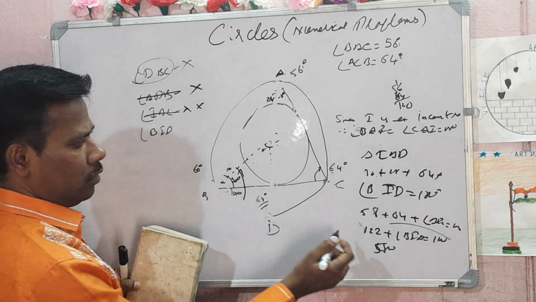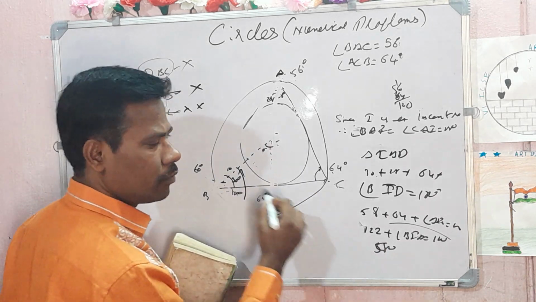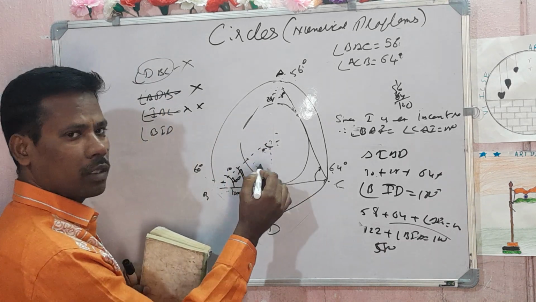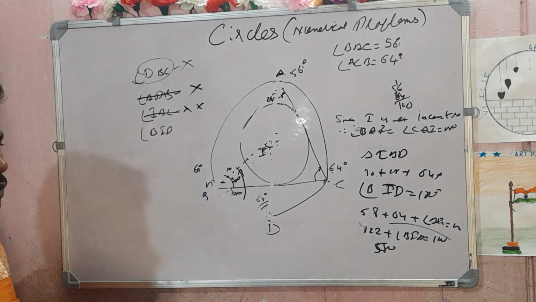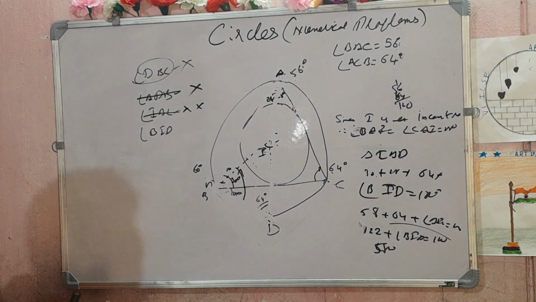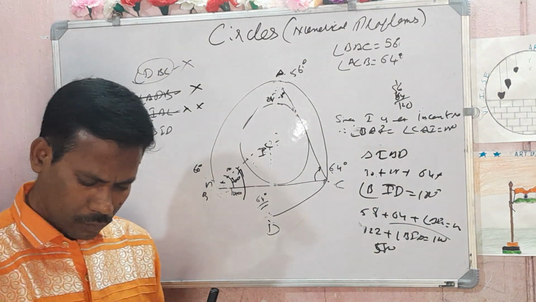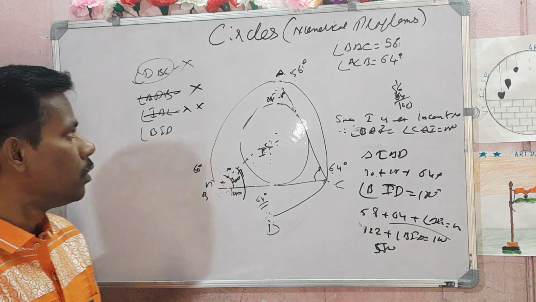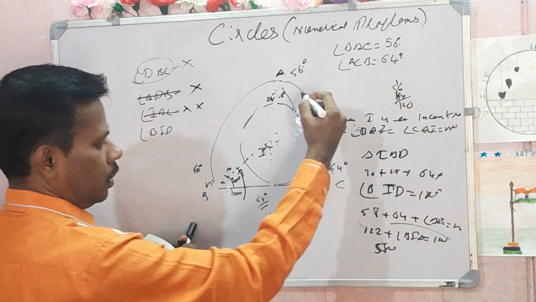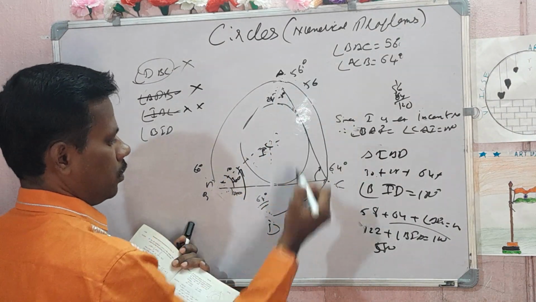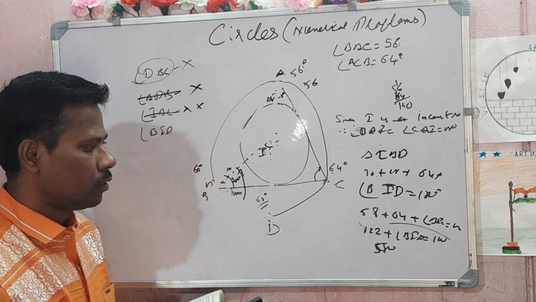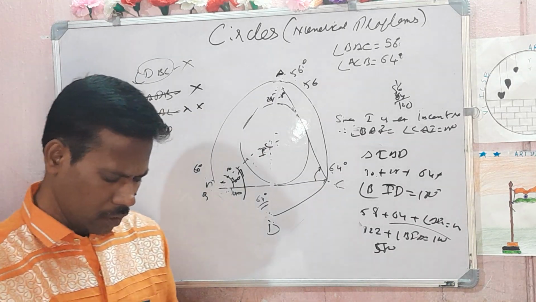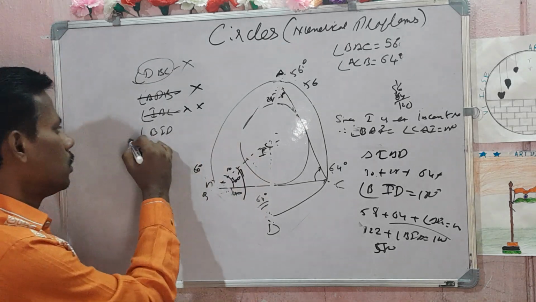That's it. Okay, leave it. Consider this triangle, there ends the problem. This triangle you consider, hence we found out angle BID. Right? So this is 56 degrees. Right. Therefore, hence the problem is finished.